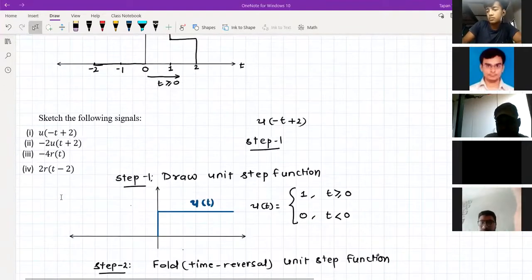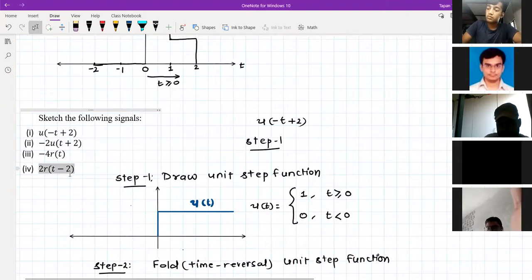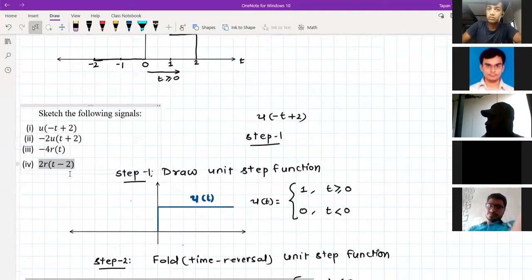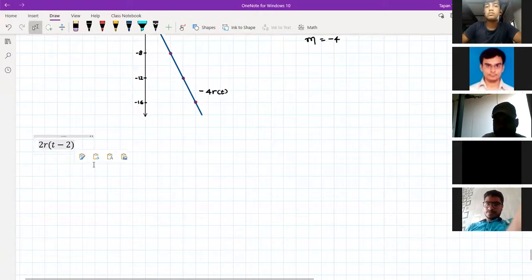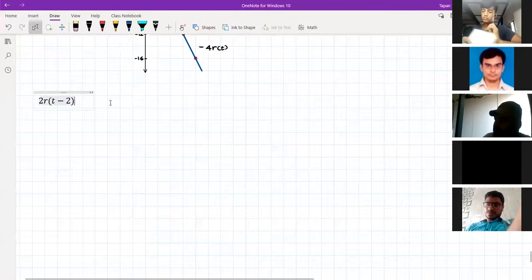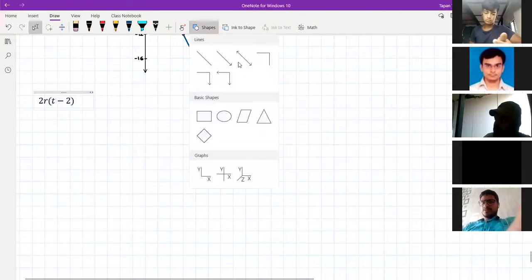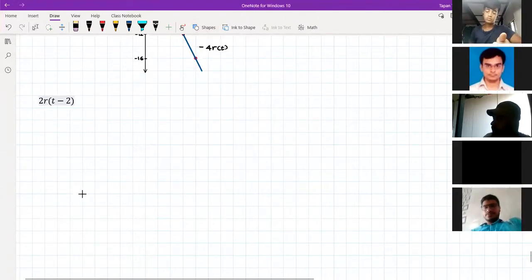Okay, and the last problem is 2 r of t minus 2. So I will directly draw the final answer, because I think now you should be able to figure it out, right?